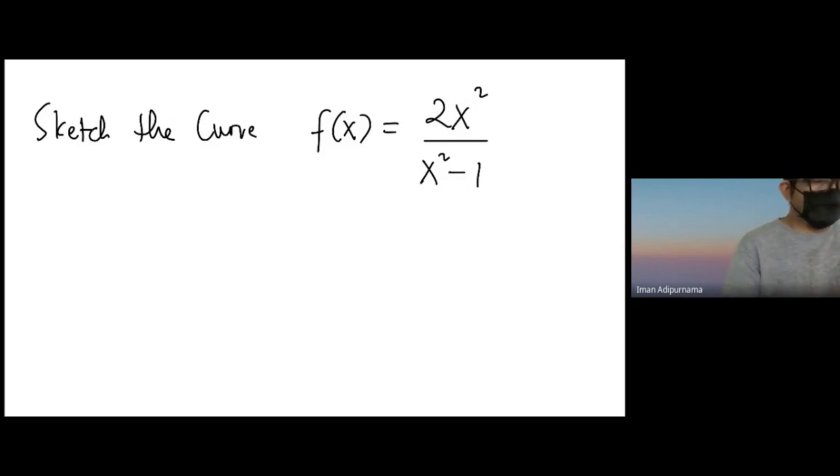To start with, you can start from any point you like. You want to find the first derivative first, or maybe find the asymptote first. As long as at the end you can sketch the curve and mention which are the important points from the curve.